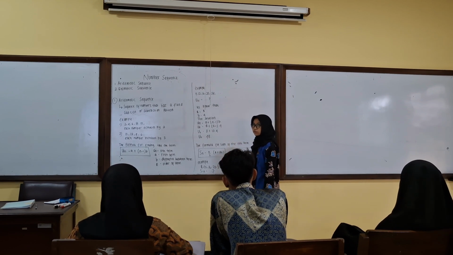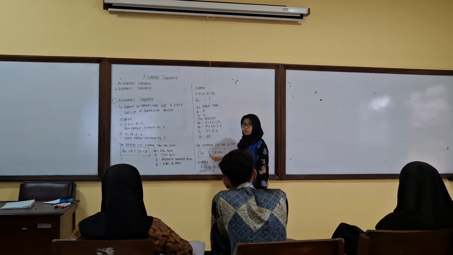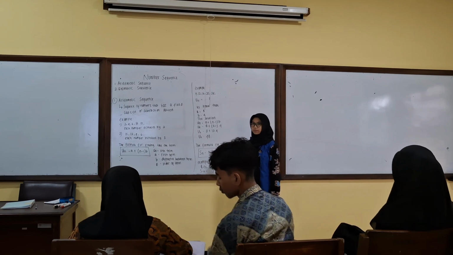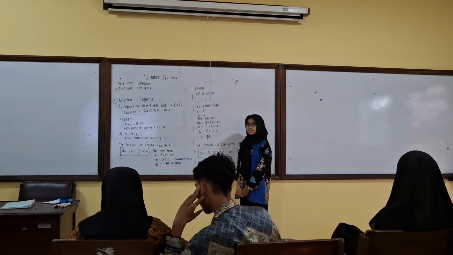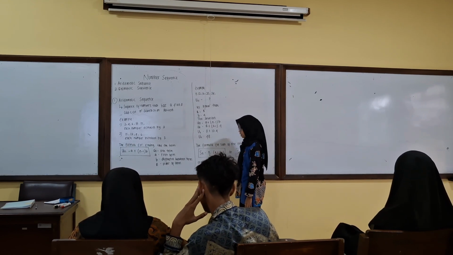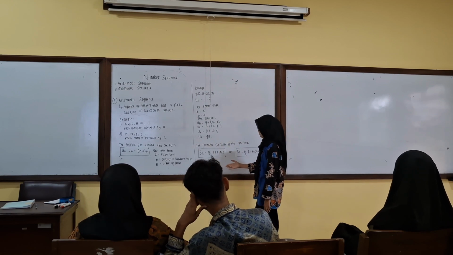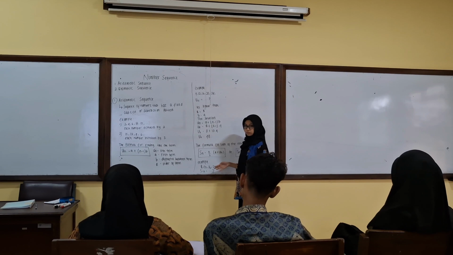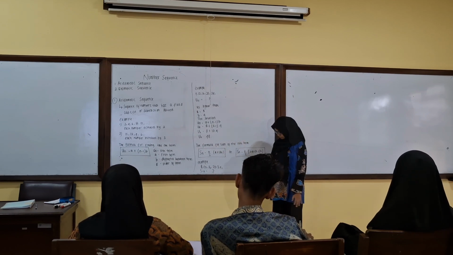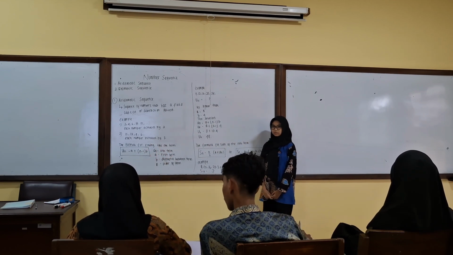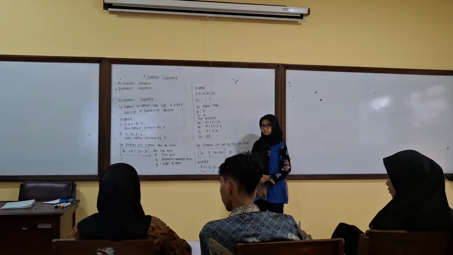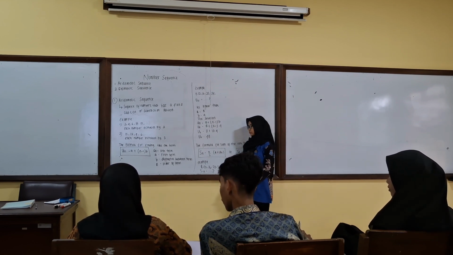Example: the sum of the first 10 terms of the sequence 8, 12, 16, 20, 24. Can anyone try? I think Sn equals n divided by 2 times 2a plus n minus 1 times b.